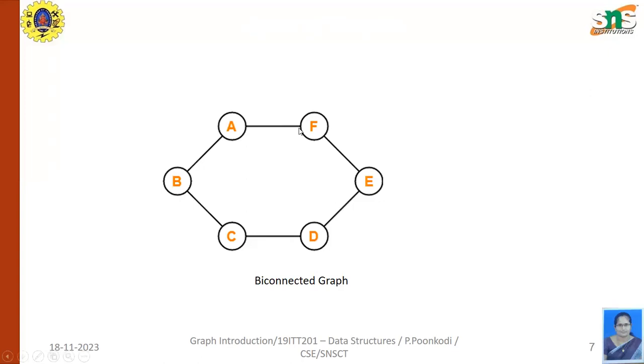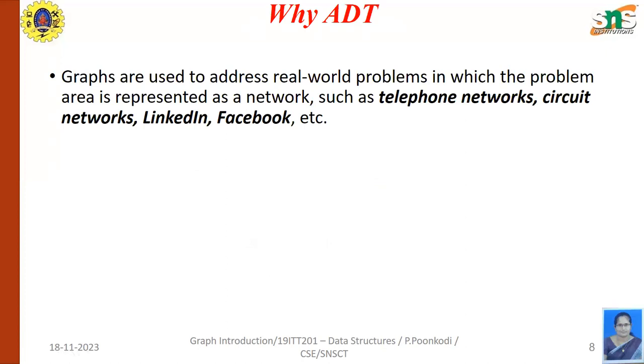For this case, if I am removing this A, then if I start with B, C, D, E and F, I will end with F. Even if you remove any vertex from the graph, it will again form a graph. This is the concept of a biconnected graph.